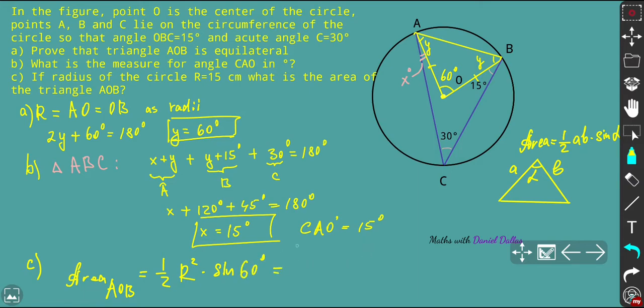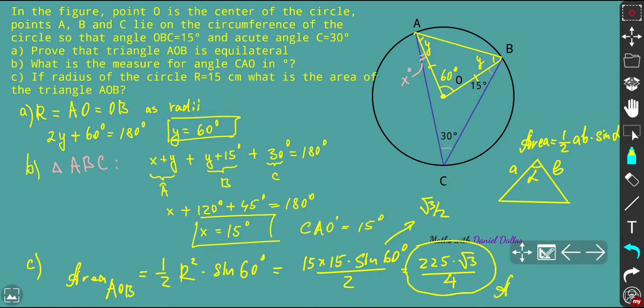Instead of the radius, we put 15, so we've got 15 times itself times sine of 60 over 2. Now let's calculate. 15 times 15 is 225. Then we've got sine 60. Sine 60 is square root of 3 over 2. And that means we've got 225 square root of 3 over 4. And that's going to be the final formula for the area.